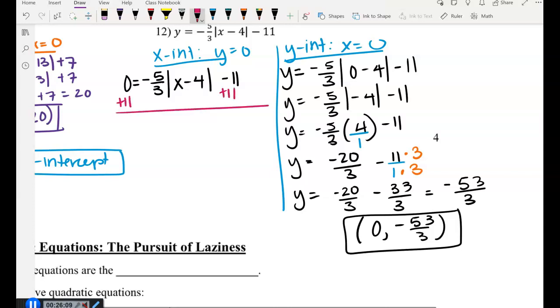Okay. So we got that cancel. So students, we now have 11 equals negative 5 divided by 3 times absolute value of x minus 4. Okay. We have to isolate some more. So now what? What do we get rid of now?